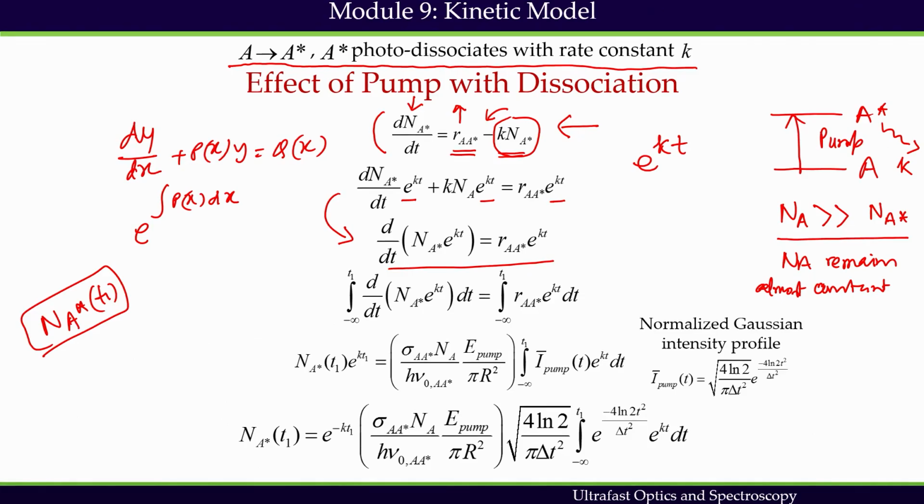So, this integration can be done, but we have inserted now this R A A star rate of excitation. This expression is obtained before, and this expression is related to this integration from minus infinity to T1 for the normalized Gaussian function.